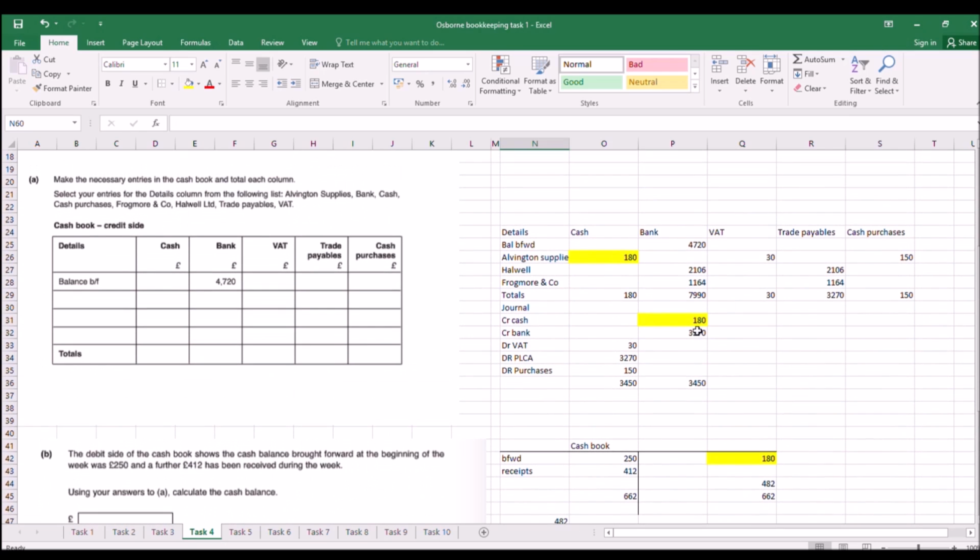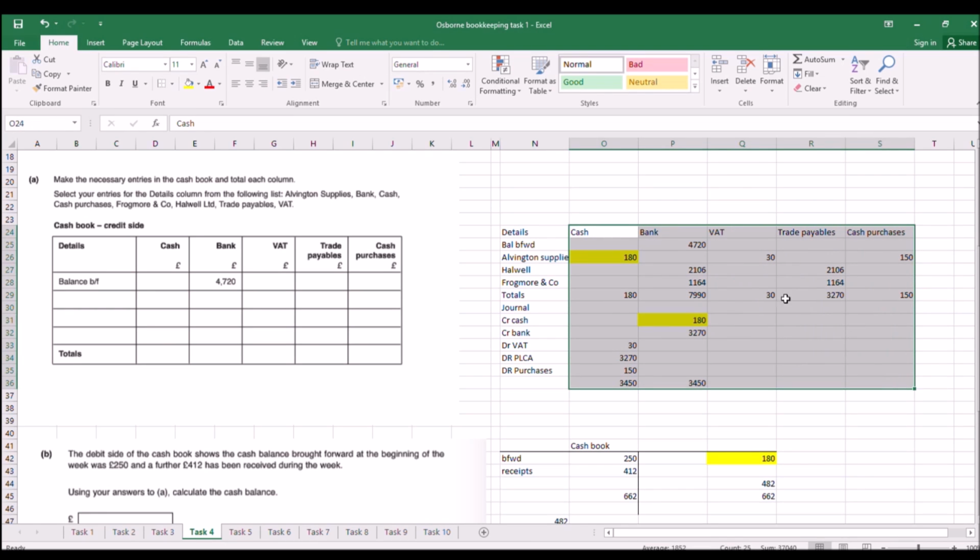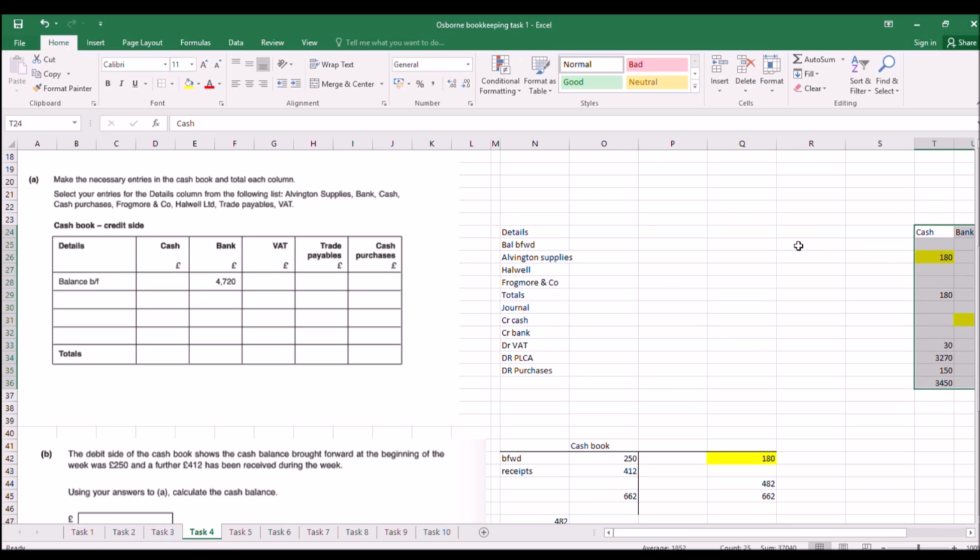Okay, now the reason why this was a little bit tricky here was, you can see we opened up here on the credit side, so we actually also had as well, if we had our cash book here, this would be the credit side here. We would also have a whole debit side lurking in here as well.